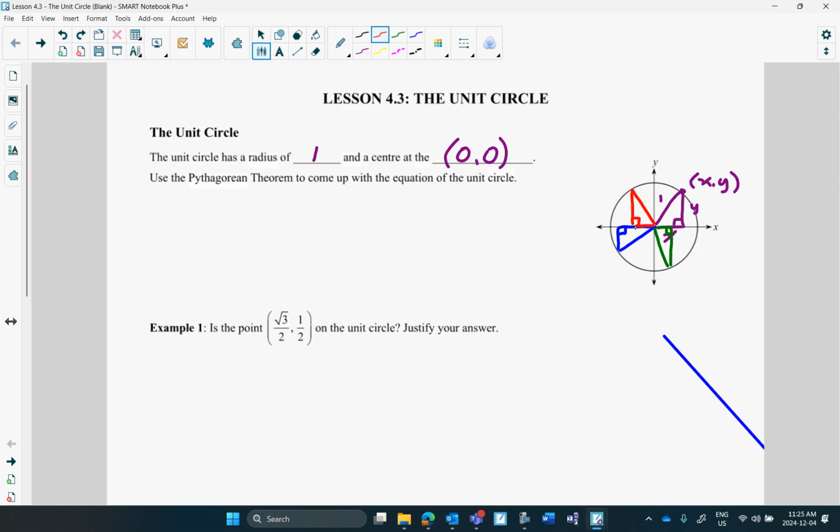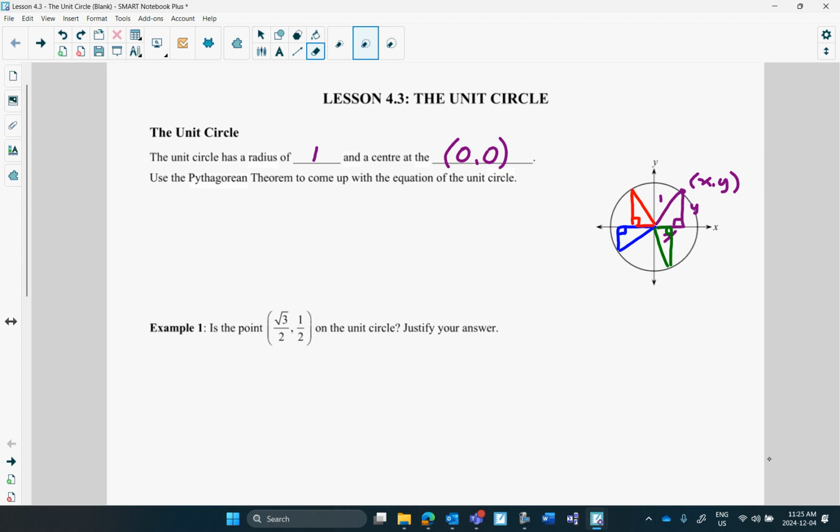But I place them so that the hypotenuse of the right triangle I put inside the unit circle is always going to be 1. Because if it's 1, and if I know this point, I can figure out all the trig ratios exactly without having to use a calculator.